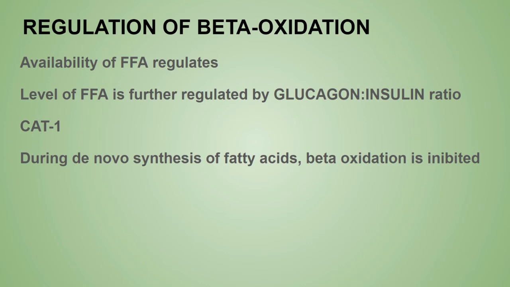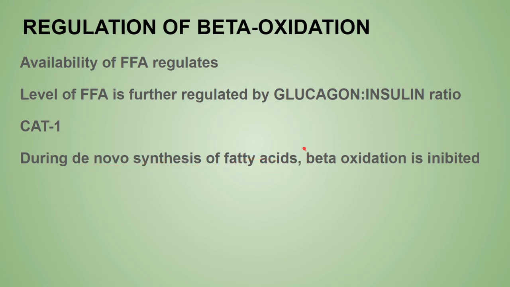And also this CAT1 function is inhibited by the malonyl CoA. Malonyl CoA you might have heard. Malonyl CoA is used in the de novo synthesis of fatty acid. We will talk about this in our further videos.